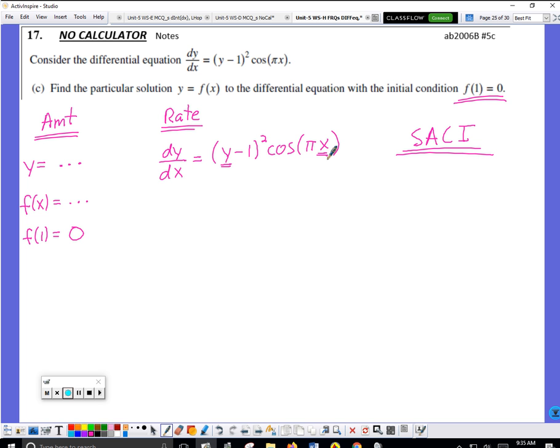And because we like to end up with y equals something, we're going to put all of the output variables on the left and all of the input variables on the right. We need to separate the variables. Questions? Cool. Separating is really easy because the first step is to simply multiply both sides by dx.